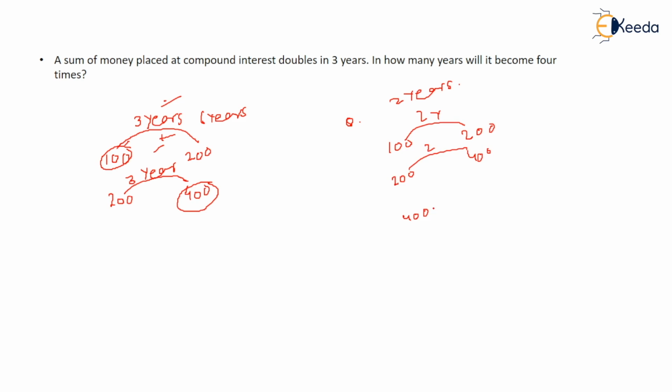From 400 it becomes 800 in the next 2 years. From 800 it becomes 1600 in 2 more years. So I told you in how many years it will become 16 times: 2 plus 2 plus 2 plus 2, that means in total 8 years. So this is how you need to solve this question.